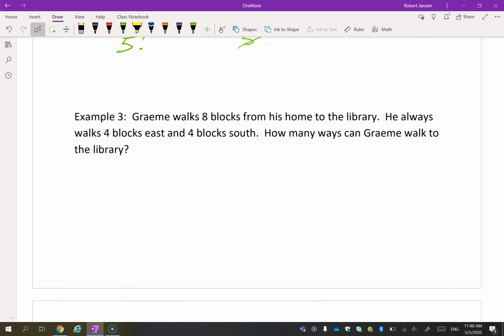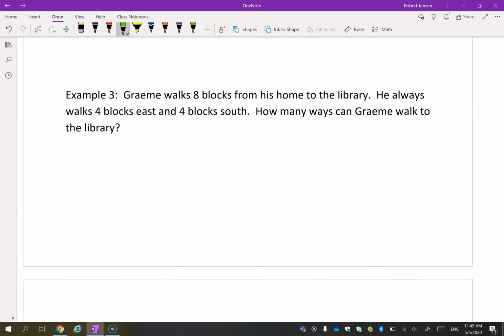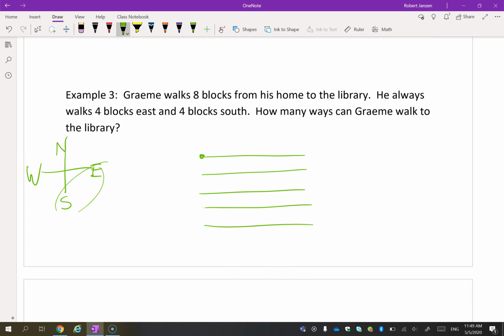Now this is a bit of a weird one. This one doesn't look like the same kind of question. Let me draw it out for you. Graham walks 8 blocks from his home to the library. He always walks east and south. So he's generally walking in this direction. He lives here, and he has to go 4 blocks south.